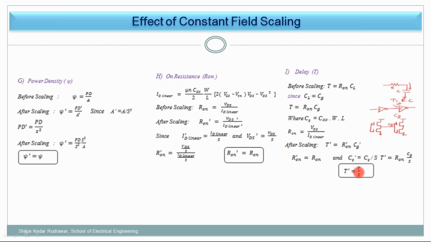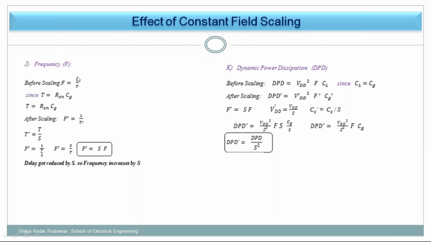Means less time is required to give the output, and that's why it is more fast because frequency is opposite to time. So if time is decreasing, means frequency of operation increases. That way the circuit has become more good, or it is improving. So hope the things are clear. This performance is improving. So hope the idea is clear behind this.